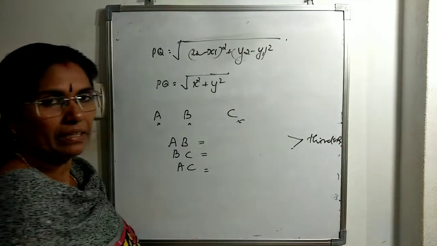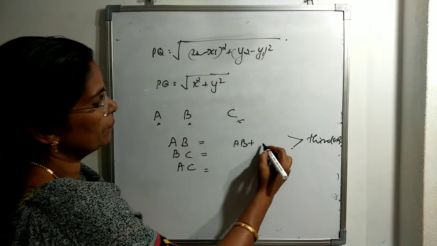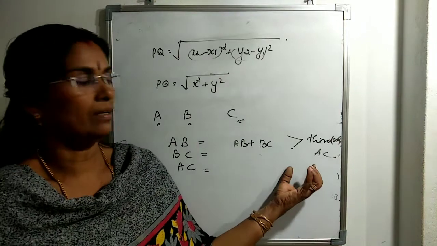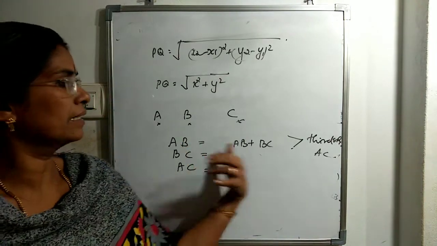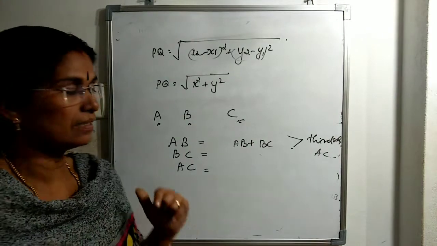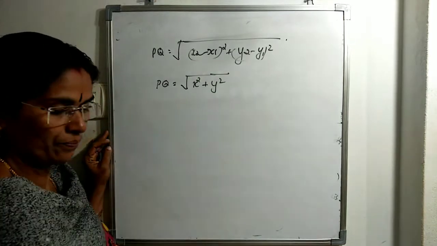That formula we are applying here. The sum of any two sides, not always AB plus BC is greater than AC, that is one example only. Sometimes AB plus AC is greater than BC. If the sum of any two sides is greater than the third side, then we can say the given points form a triangle.